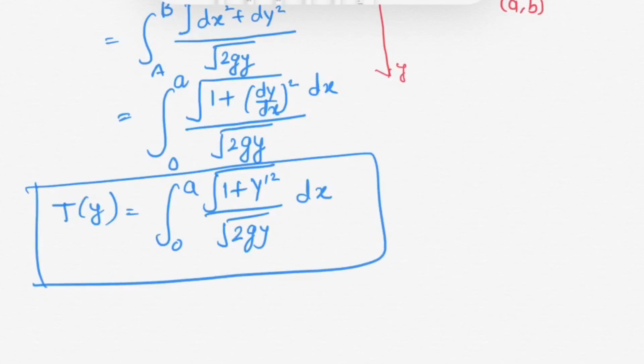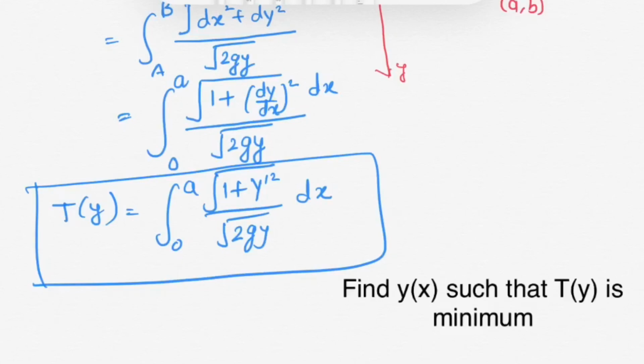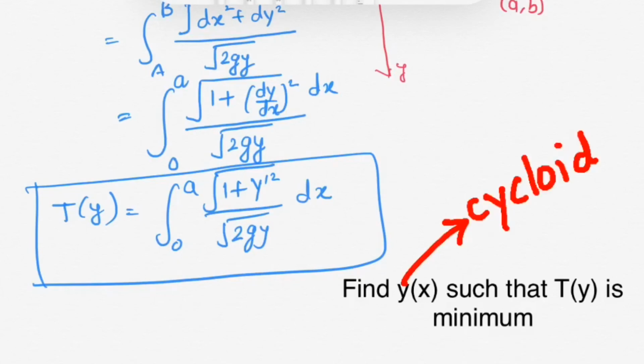So this is the functional T of y. The problem is we have to find y of x such that T of y is minimum. After solving this, y of x comes out to be a cycloid. So this is a very famous variational problem.